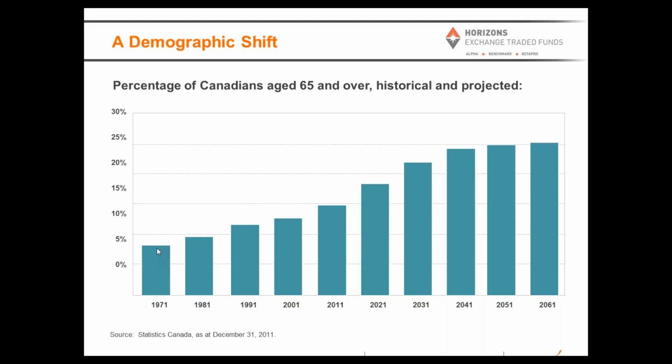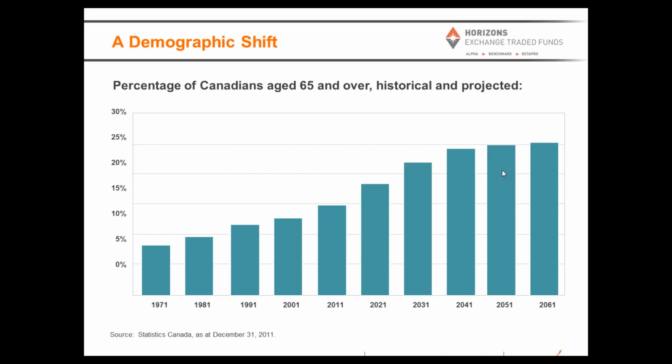What we see is that in 1971, about 7.5% of the population of Canada was over the age of 65. And in 2011, that number was actually up to almost 15, so it essentially doubled. 2021, which I'm aware also all of a sudden becomes not that far off. We're looking at 17.5% and up, sort of capping out around 25% through 2041 and on.